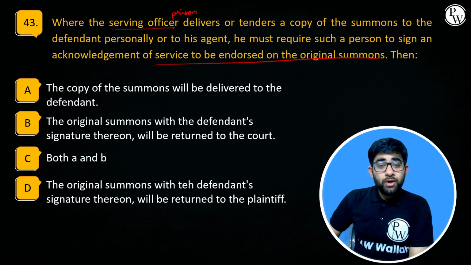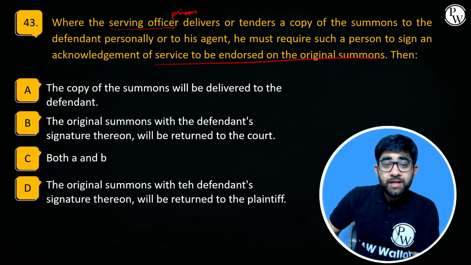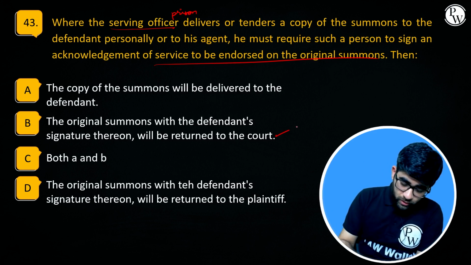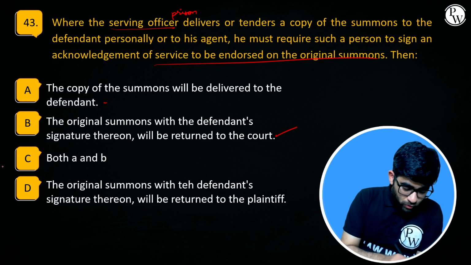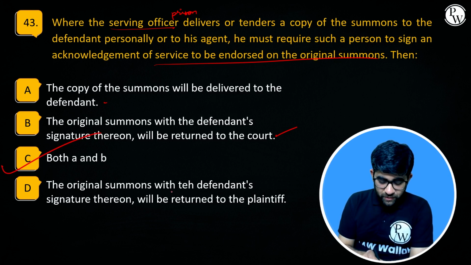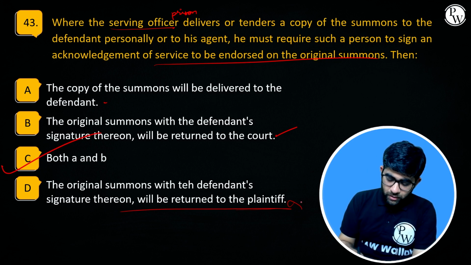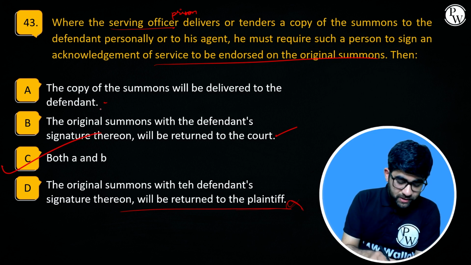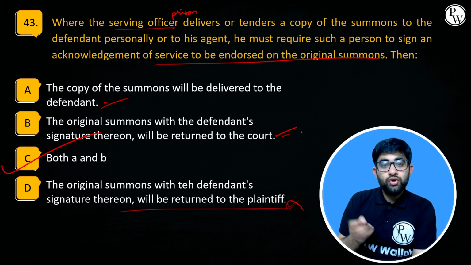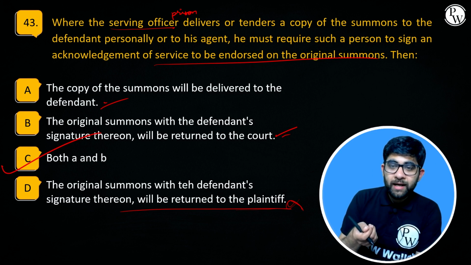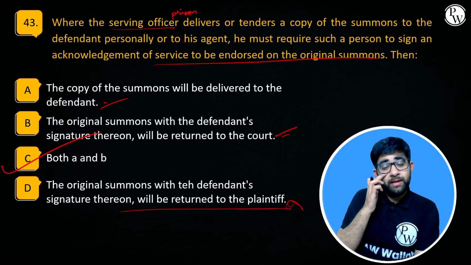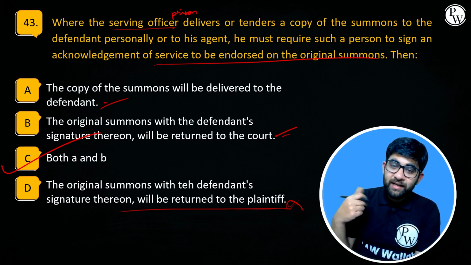The original summons with the defendant's signature thereon will be returned to court. Options A and B both. The original summons with the defendant's signature being returned to the plaintiff cannot happen. But the answer is A and B both, because the defendant will get the copy of the summons.